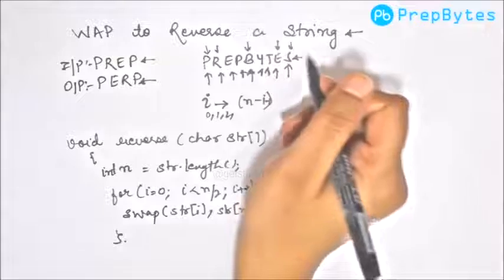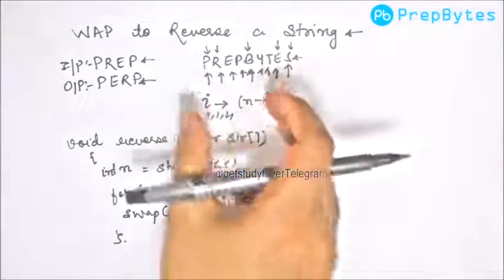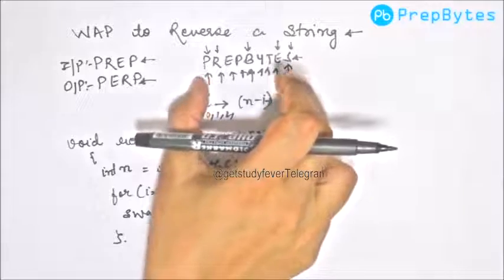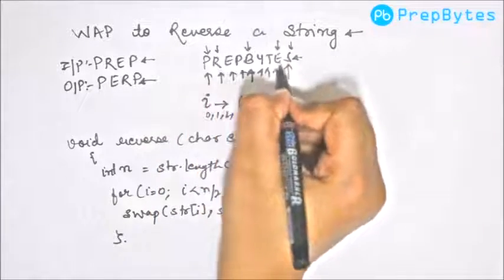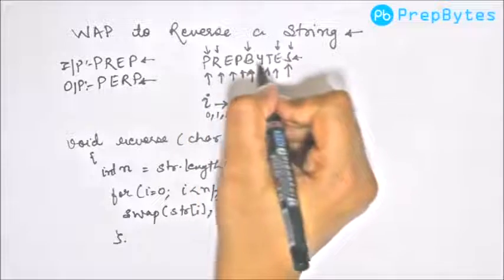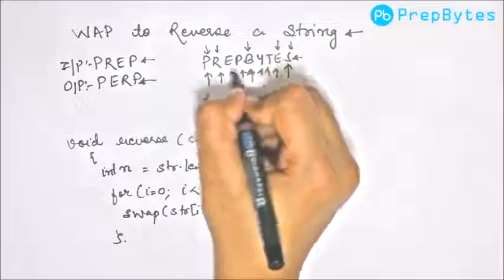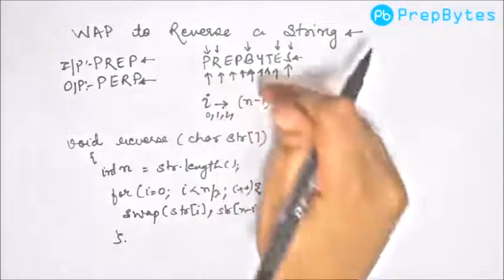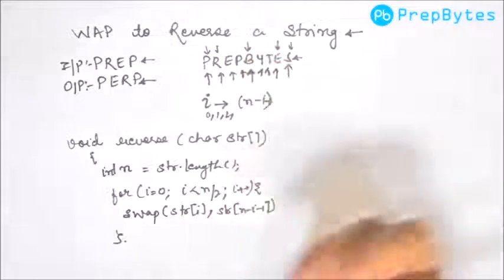Again, the problem statement is the same, that we have to reverse this string. So the problem is getting converted into subproblems. In order for the whole string to get reversed, the inner part should be reversed. Then again, for this to get reversed, the part inside it should be reversed. So this is how subproblems are happening. Let's see how we can write code for this.